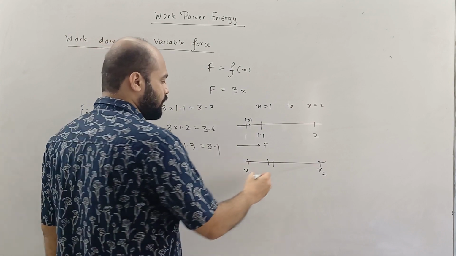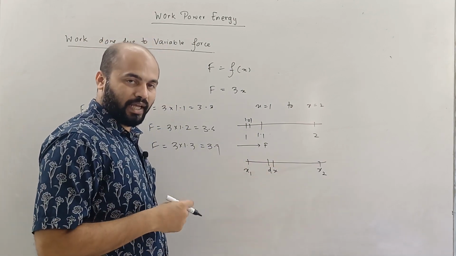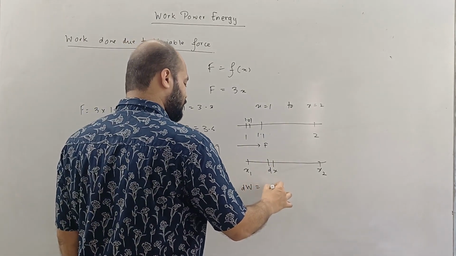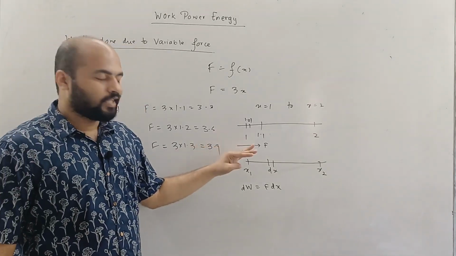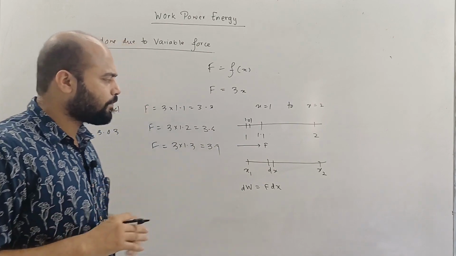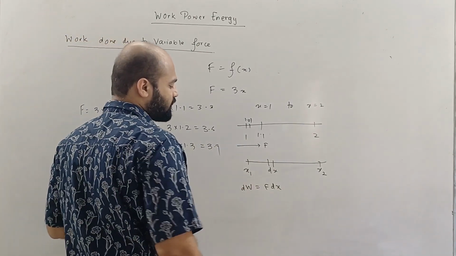Let us say this element is dx. For the body to travel through the element dx, the work done would be dW. Now I am considering that the displacement and force are in the same direction. This is always valid. In general, we can always take F dot dx. And dW is F dx in this case.